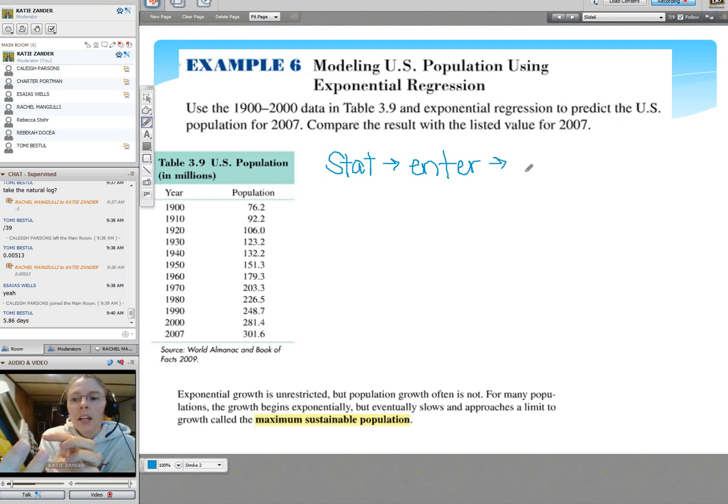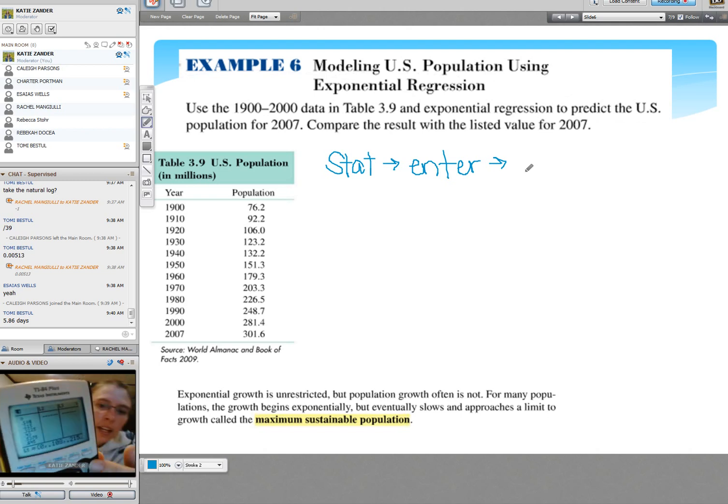To do that, just use the arrow keys to go up to the very top of the list. Notice how my L2 is highlighted there. Hit clear, and then enter. And it's going to wipe everything out. Then do the same thing. Use the arrow keys to go over to list 1 and go to the very top where L1 is highlighted. Hit the clear button and enter.